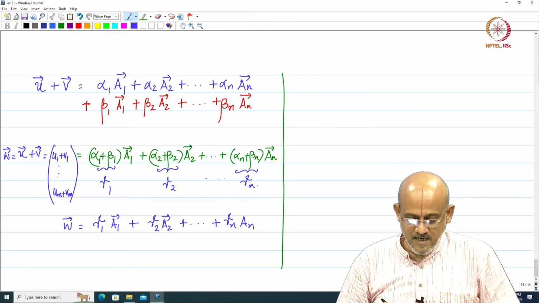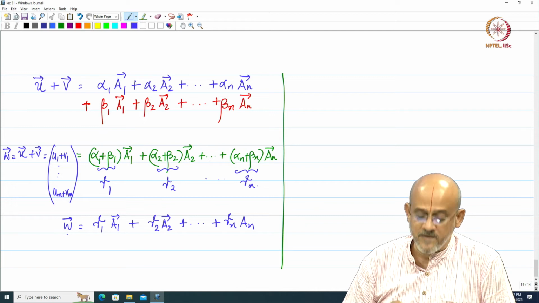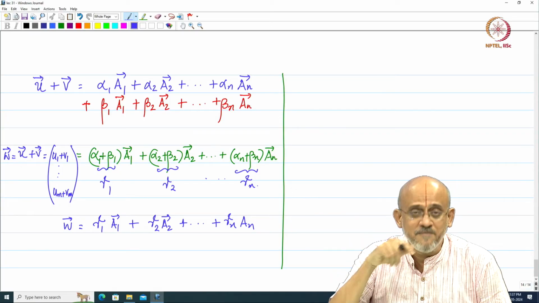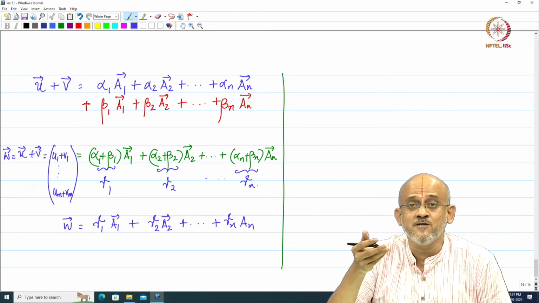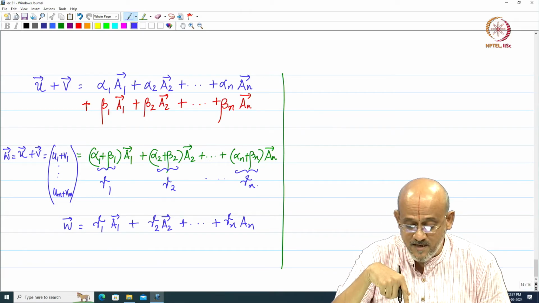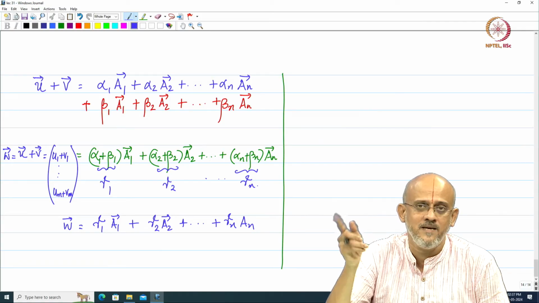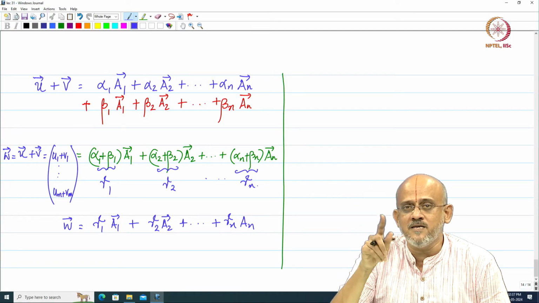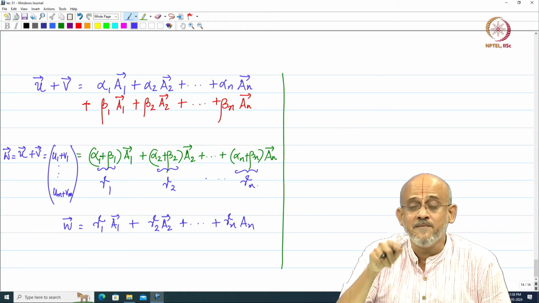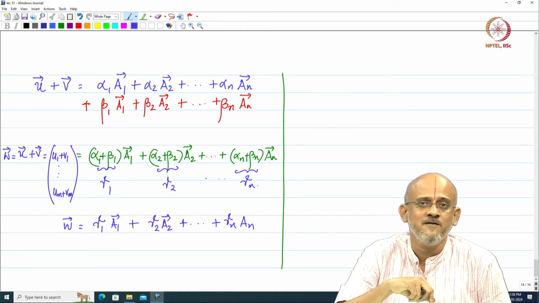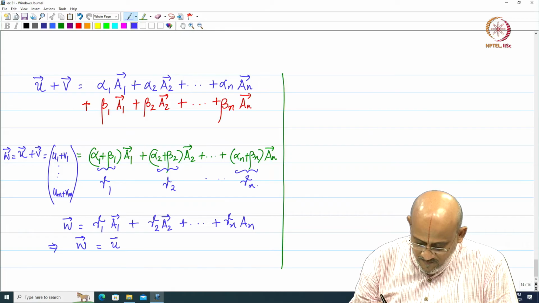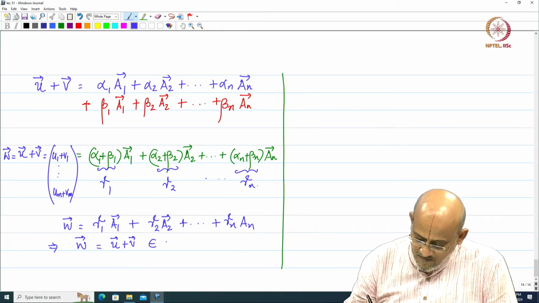Now, what did we find? We found something very interesting. What is that? We found another vector w, which is again expressed as a linear combination of the columns of the matrix A, which means this w vector also belongs to R A. Now, u was an element of R A, v is an element of R A. Now, what we see, because w, which is actually the sum of u and v, was the vector resulting from the addition of those two vectors, even that is expressed as a linear combination of the columns of A, which means the vector w, which is actually u plus v, is also an element of R A. So, this implies w vector, which is equal to u plus v, is an element of R A. Why?